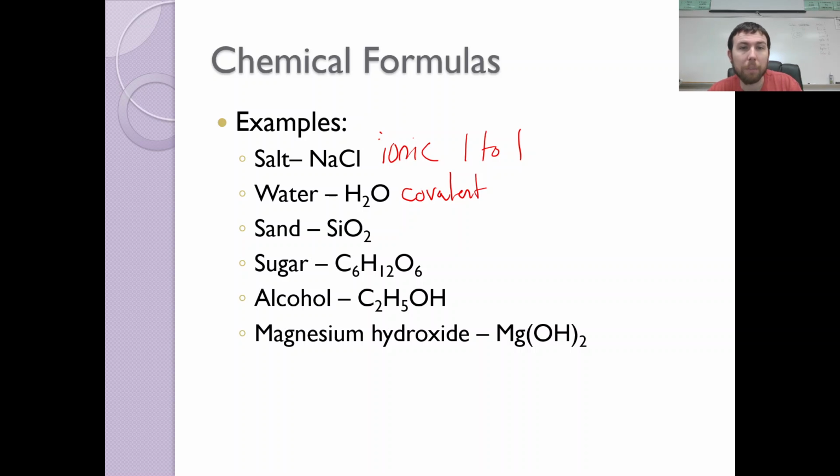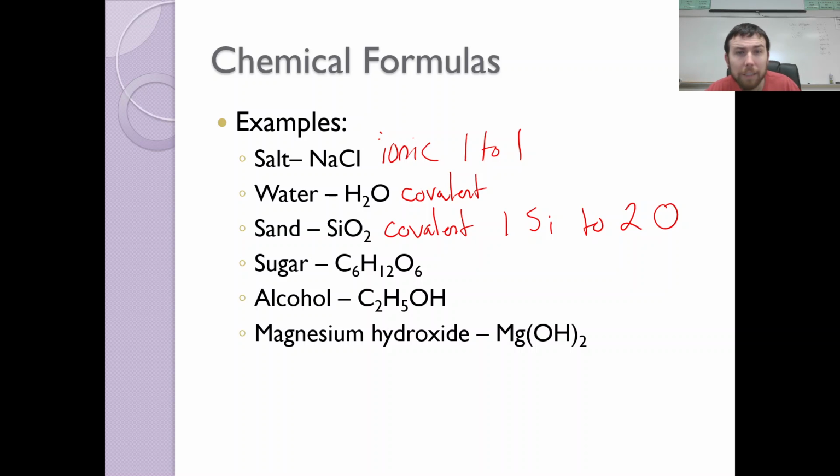Sand, if you like going to the beach or playing beach volleyball or anything like that, is a compound called silicon dioxide, SiO2. This is also a covalent compound. Based on the ratios here, for every 1 Si there are 2 oxygens, so 1 to 2. All right, sugar. For better or for worse, sugar's in a lot of different things: candy, chocolate chip cookies, all that sort of good stuff.